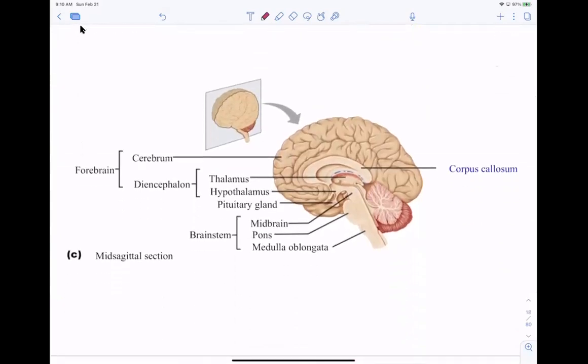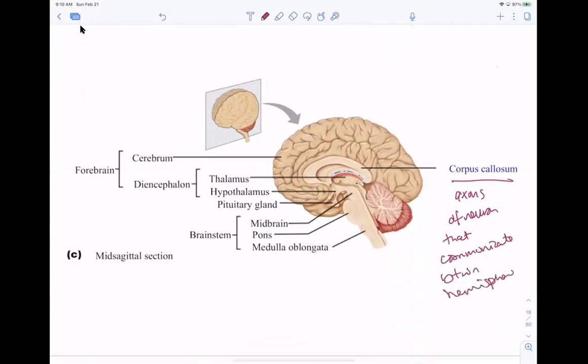The corpus callosum is axons, neurons that communicate between hemispheres. So you have sensory information coming in your right hemisphere, and it wants to share it with the left hemisphere.